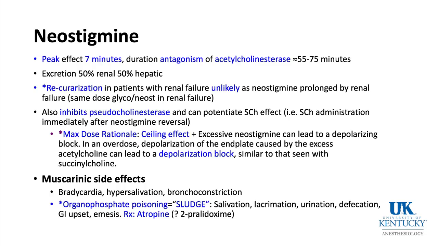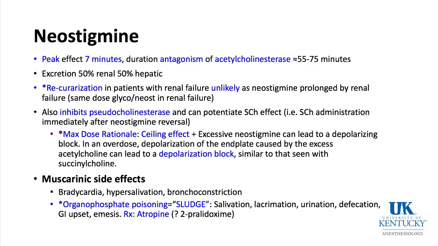Some muscarinic side effects of neostigmine are bradycardia, hypersalivation, and bronchoconstriction. If we gave neostigmine alone and raised acetylcholine levels, the muscarinic receptors would be activated, so we give glycopyrrolate or atropine with neostigmine to block the effects, usually glycopyrrolate.